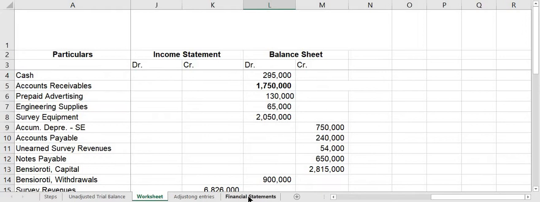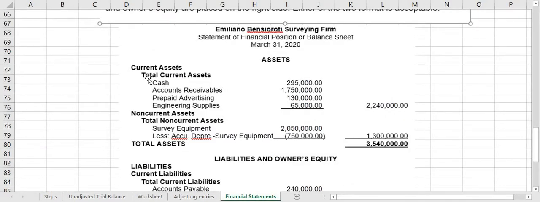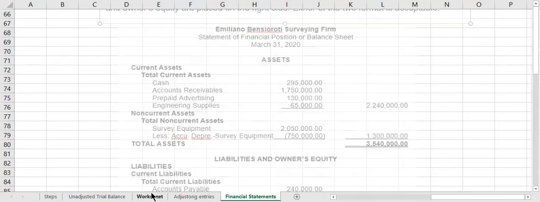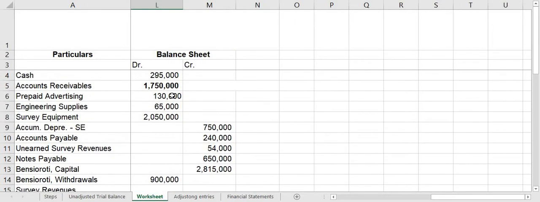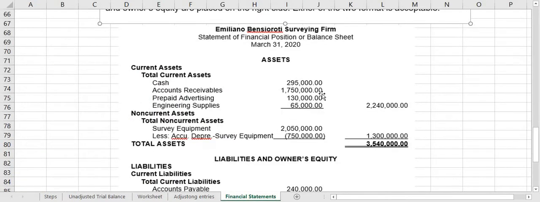Of course, you have assets, total current assets: cash, accounts receivable, prepaid advertising and engineering supplies. Lahat ng amounts niya, galing yan sa ating worksheet. The cash, accounts receivable, prepaid advertising, engineering supplies and survey equipment. That's the exact amount na nasa ating worksheet.